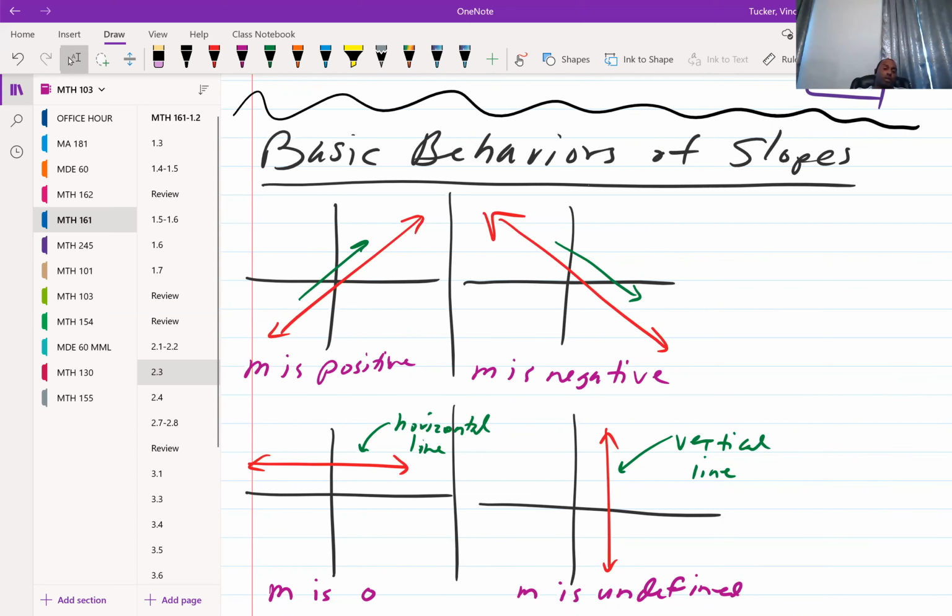If you have a horizontal line, your slope is 0. If your line is vertical, your slope is undefined. So those are your 4 basic behaviors of your slopes. Any problems?